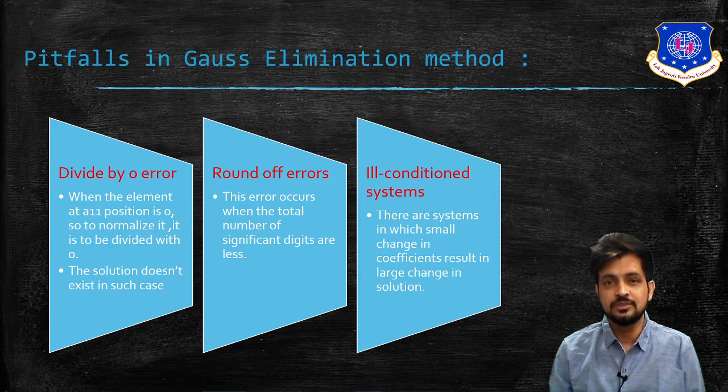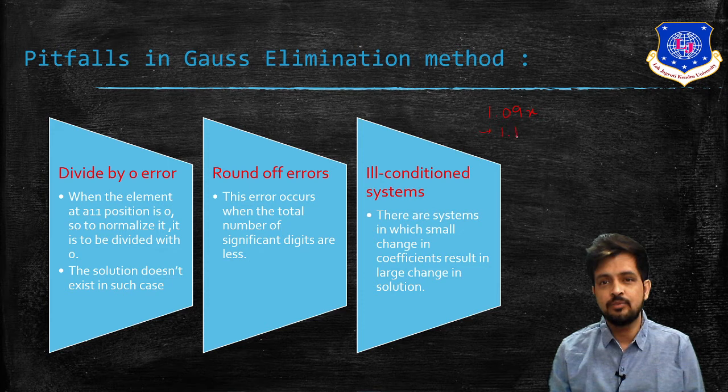There are some systems in which a small change in the value will result in a large change in the solution. For example, I am taking 1.09. If I take 1.1 in place of 1.09, then the whole solution will change.